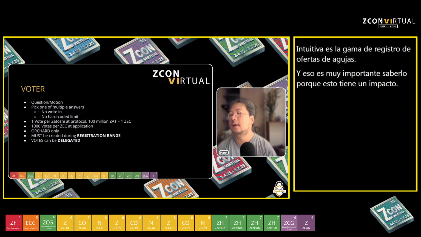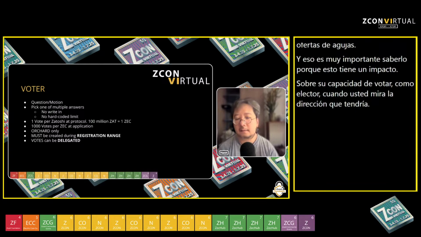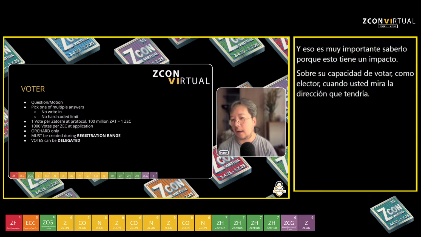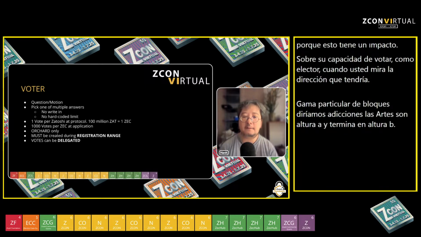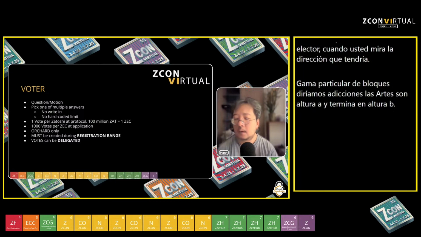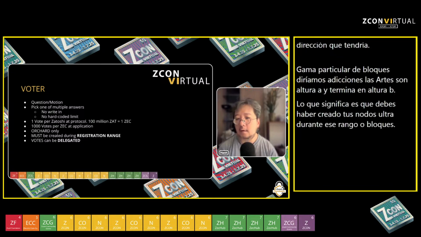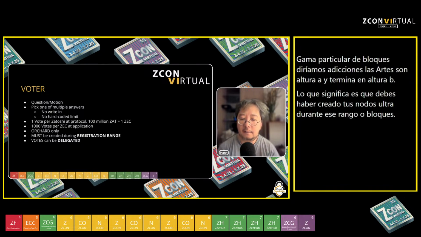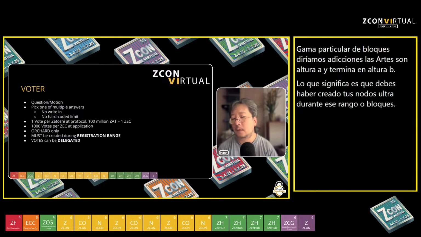It would say the election starts at height A and ends at height B. What it means is that you must have created your Orchard notes during that range of blocks. And by creating the Orchard notes, I mean you must have received these funds during that period.